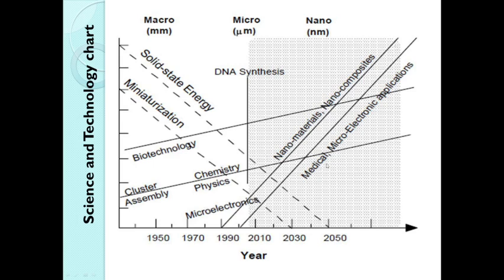When nanomaterials are developed, medical and microelectronic applications will also develop. Biotechnology has steady growth, and conventional chemistry and physics have steady growth. But nanomaterials and related medical microelectronic applications have steep progress from 1990 onwards.